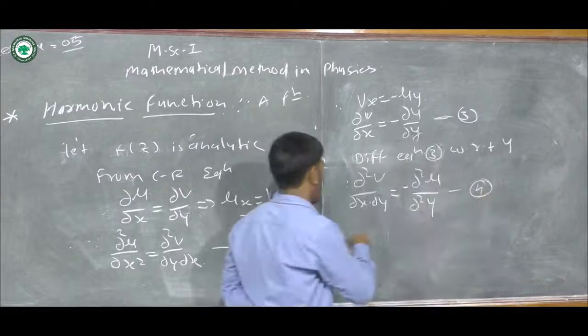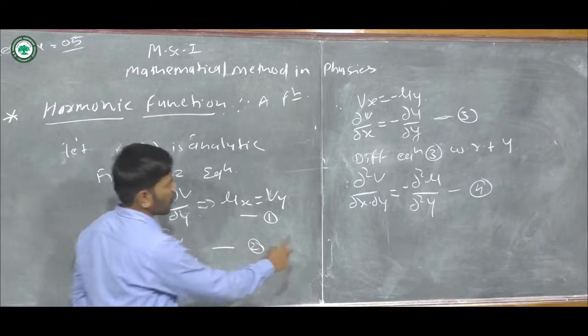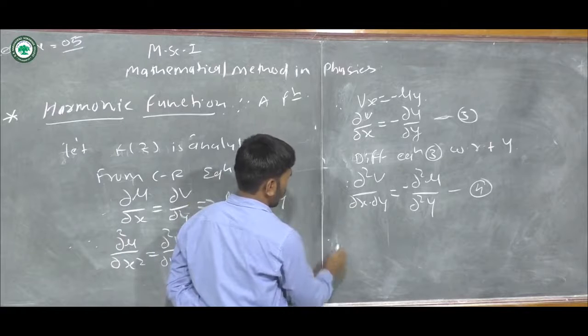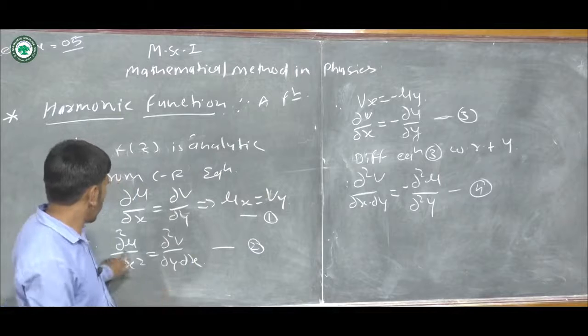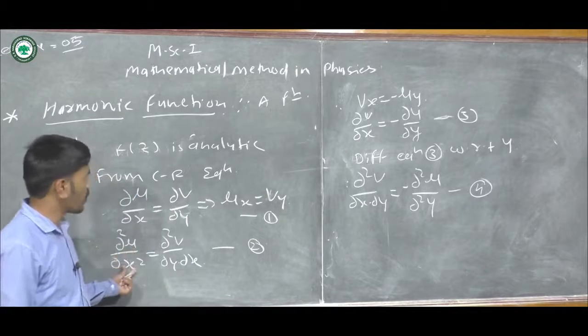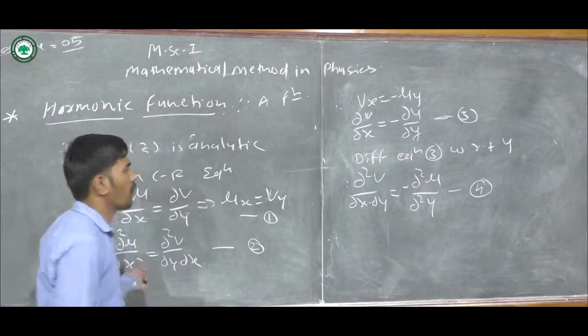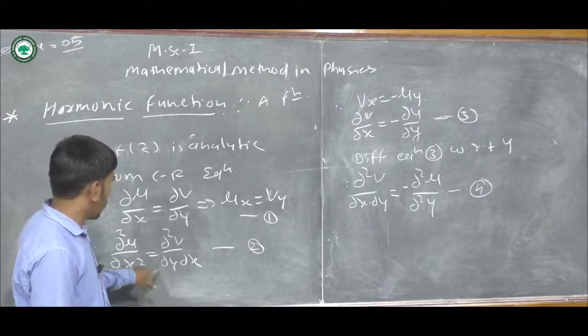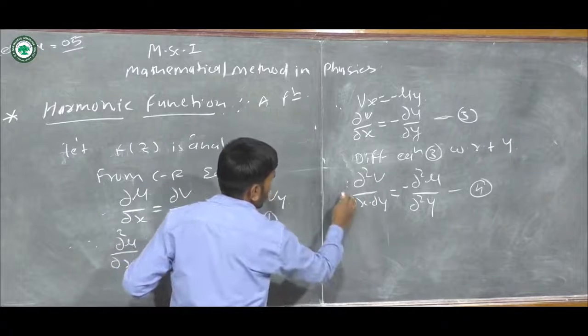Now if we add equation number 2 and equation number 4, we can rewrite it like this. You can observe dou square u by dou x square minus dou square u by dou y square. I rewrite these terms with the minus on this side.